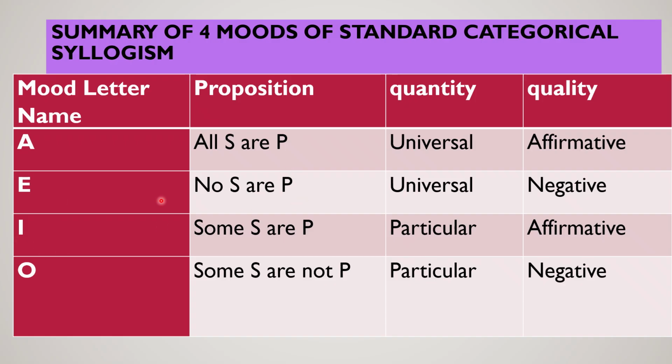Whenever you see I, remember you are required to form a premise that has some S are P. There are some subjects in the predicate. That is a particular affirmative, just a small number. And whenever you see O, it requires you to form a proposition where some S are not P. That is a particular negative, where there is some exclusion of a certain number of subjects from the predicate.